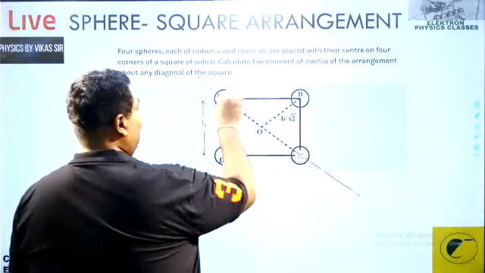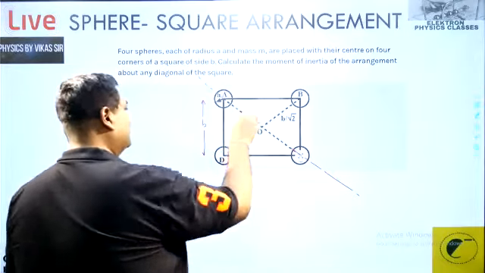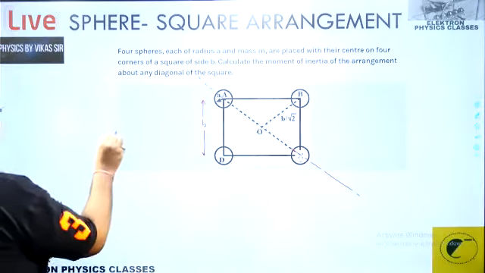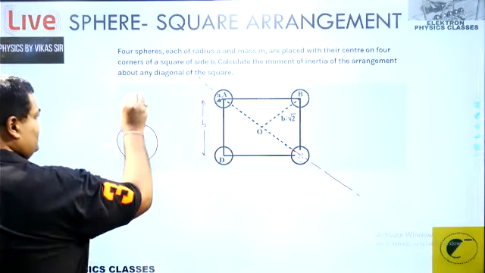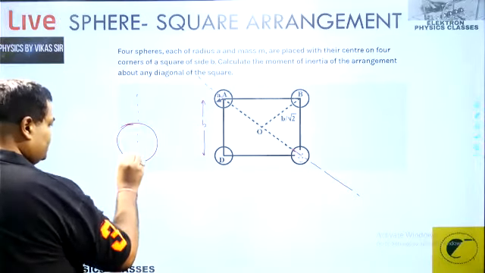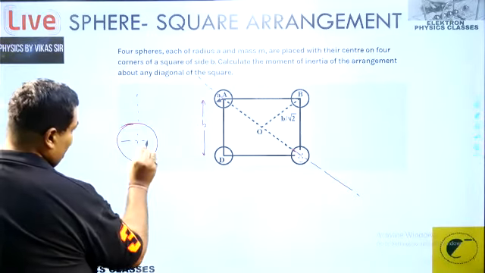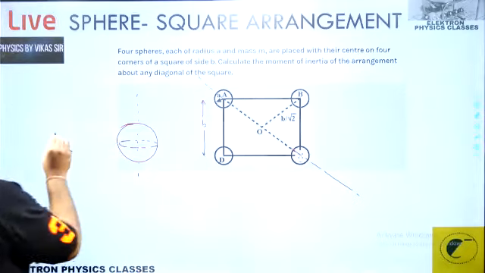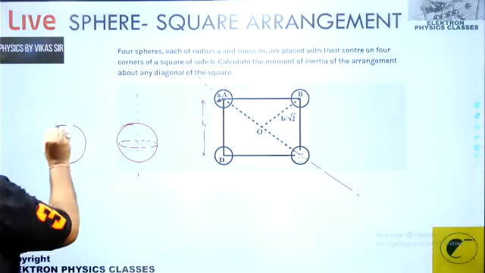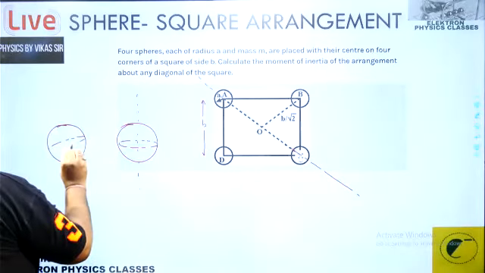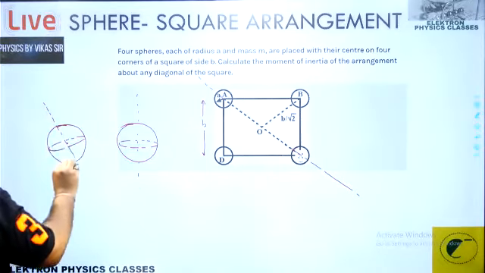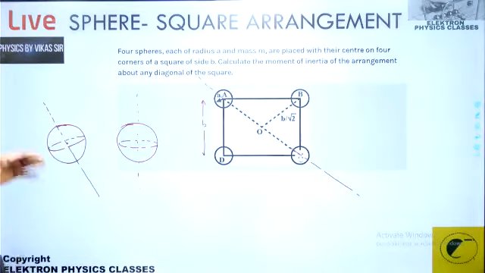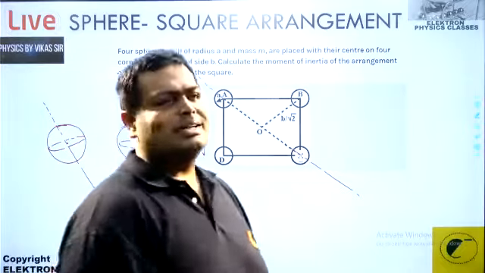Okay, so over here, this axis, see, it's a sphere. So any axis through the center of mass is basically a diameter axis of this sphere.